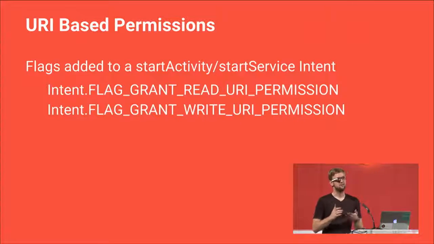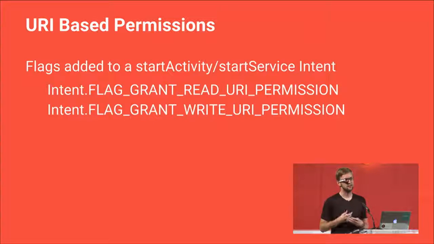So this sounds like exactly what we need to do many of the operations between files, say sharing or something else, that we'd normally use files for. So there's actually 2 different ways of using URI-based permissions. One is just adding a simple flag to your start activity or start service intent.